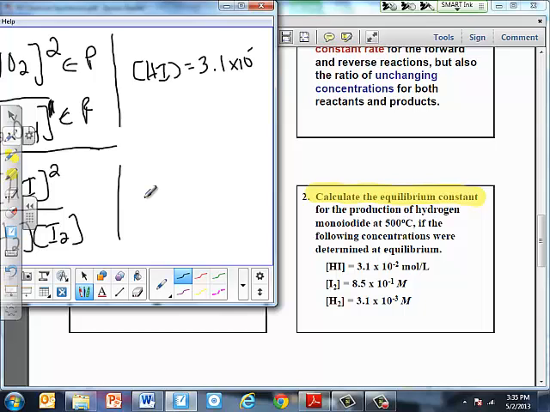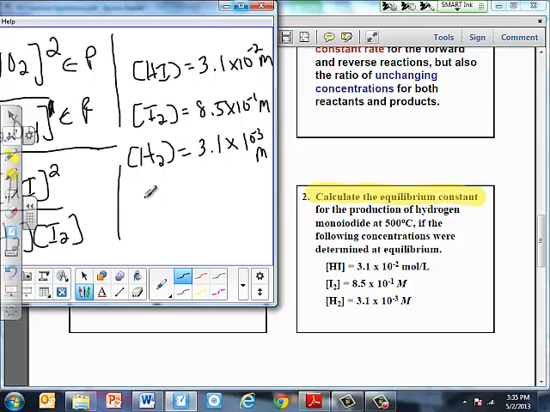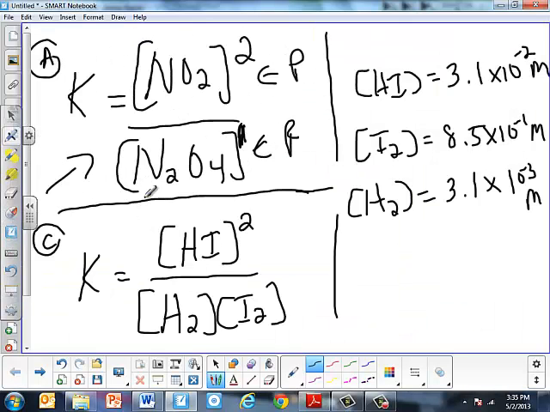My hydriodic acid concentration is 3.1 times 10 to the negative second. They have moles over liters, which is the same as molarity. Our iodine concentration is 8.5 times 10 to the negative first molar. And our hydrogen gas is 3.1 times 10 to the negative third molar.